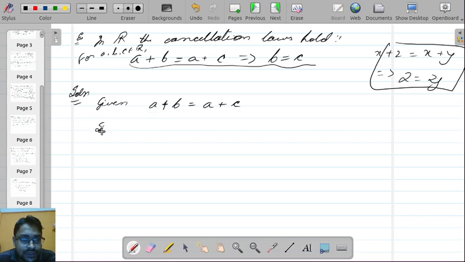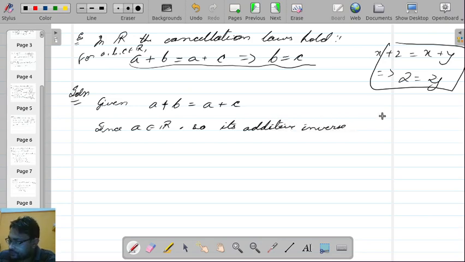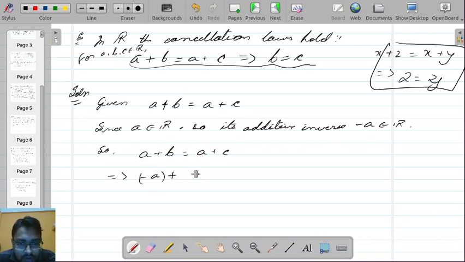Since a belongs to R, its additive inverse minus a also belongs to R. So a plus b equal to a plus c will imply, we add minus a on both sides, because a plus c and a plus b are the same elements.